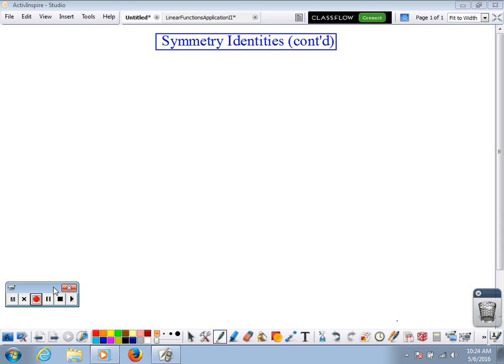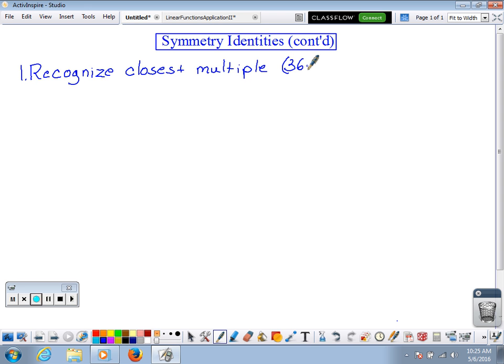Here's what it comes down to. First of all, you want to recognize the closest multiple, and whether it's 360 degrees or an odd multiple of 180 degrees.